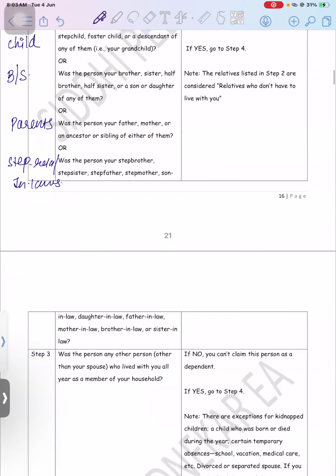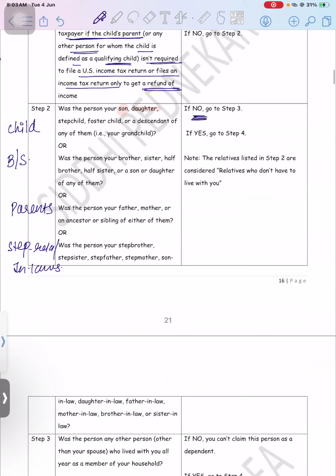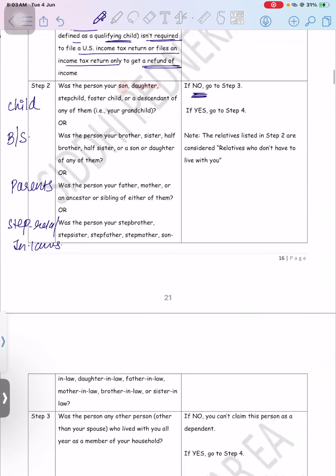Okay, clear guys? If your relative is not falling under step 2, go to step 3. If yes, go to step 4. Clear guys? Let's say if anyone is falling under these 4 categories, let's go to step 4.